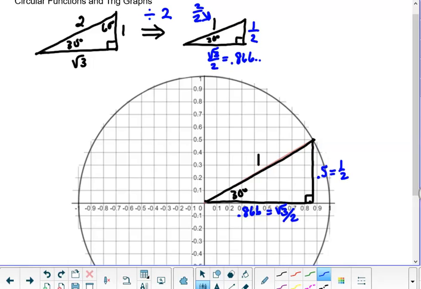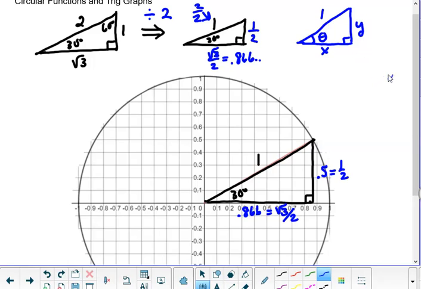Now, something else to notice about this right triangle here is that because the hypotenuse of the triangle is 1, if the adjacent side we call x and the opposite side we call y, and this is my angle theta right here, this is 30 of course here, but in general if we just had a triangle drawn in here at some other angle, notice that cosine of theta is just going to be x over 1, and sine of theta is going to be y over 1.